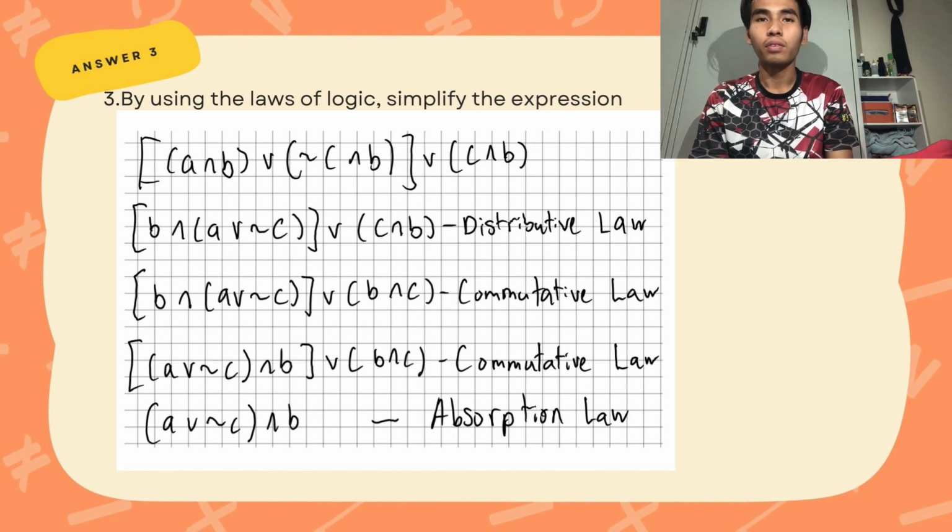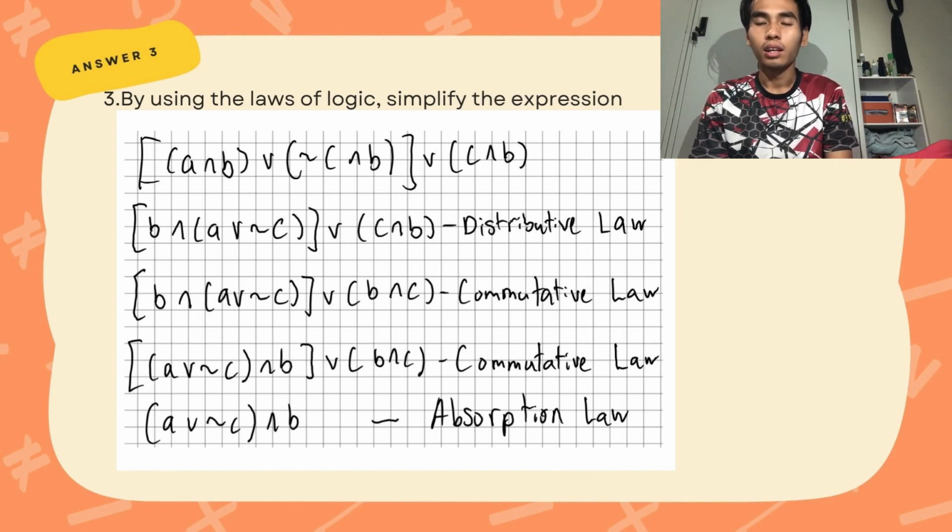First, we use the distributive law to simplify the expression, and the result is B and (A or negation C), or (C and B). After that we use the commutative law, and as a result we get B and (A or negation C), or (B and C).